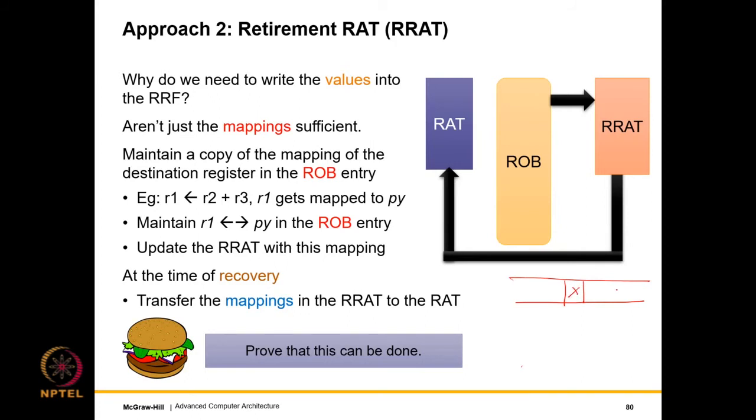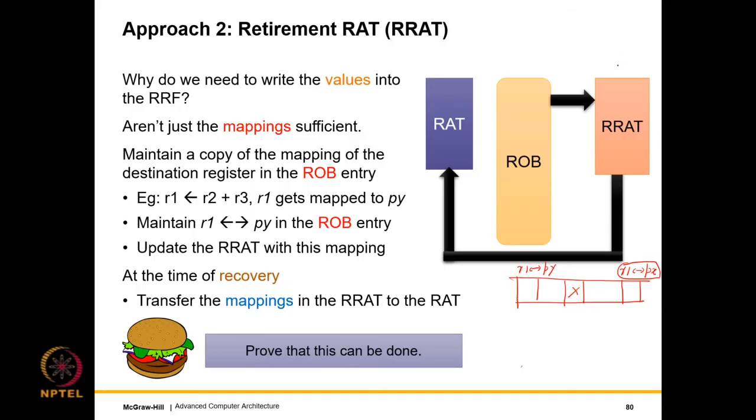So this is the mispredicted branch. There are two instructions over here. First, where R1 is getting mapped to Px is the earlier instruction. This is the later instruction. So this instruction is committed.